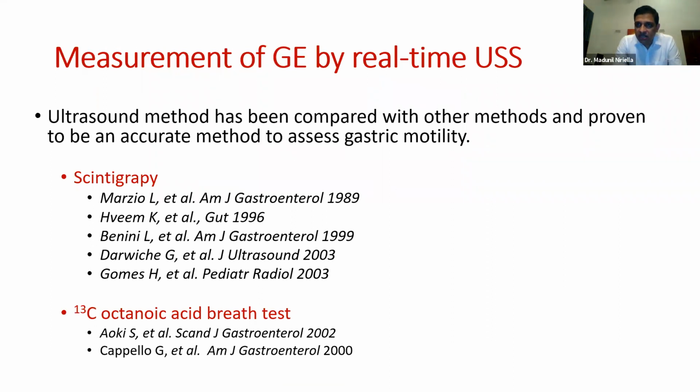For us, scintigraphy is not readily available, but what is available is real-time ultrasound, and ultrasound methods have been compared with other methods and proven to be an accurate method to assess gastric motility. It has been compared against scintigraphy as well as carbon-13 breath testing.